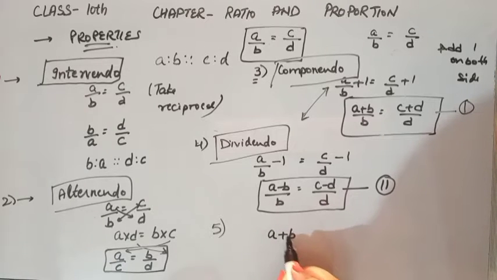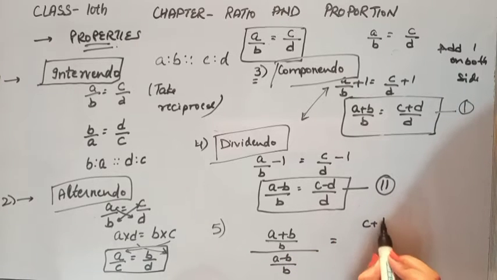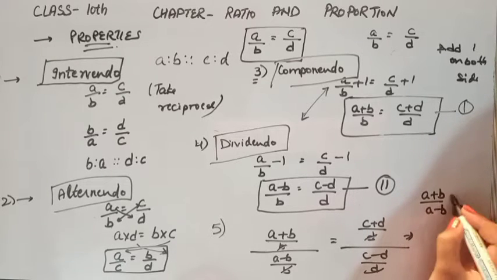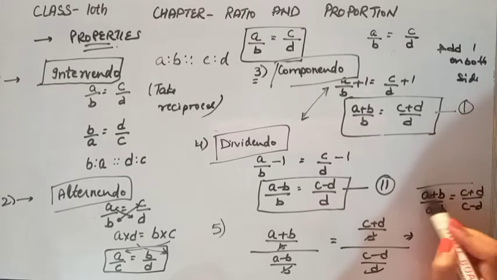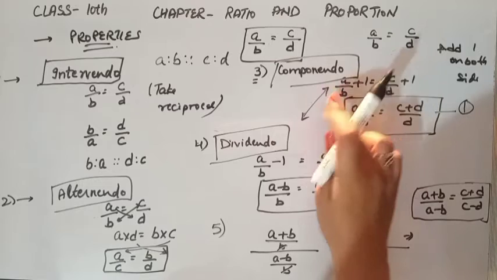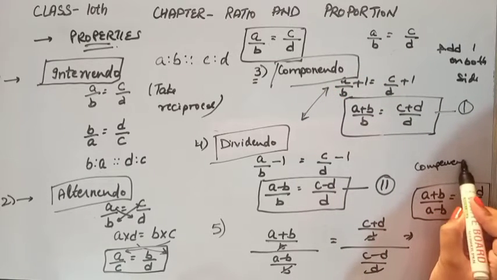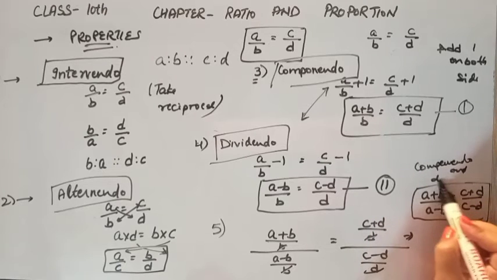A plus B upon B divided by A minus B upon B is equal to C plus D upon D divided by C minus D upon D. Then the denominators will cancel out and the result will be A plus B by A minus B is equal to C plus D by C minus D. So this property is the combination of componendo and dividendo. This is applying componendo and dividendo.